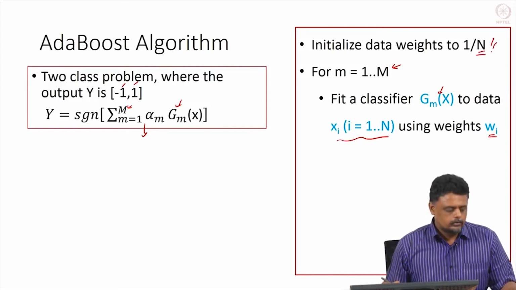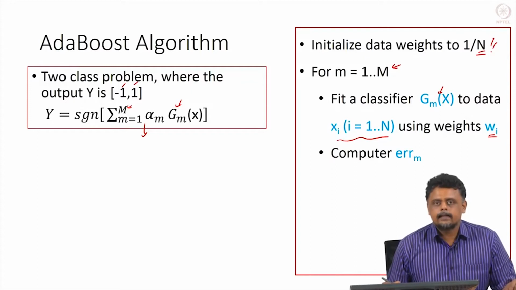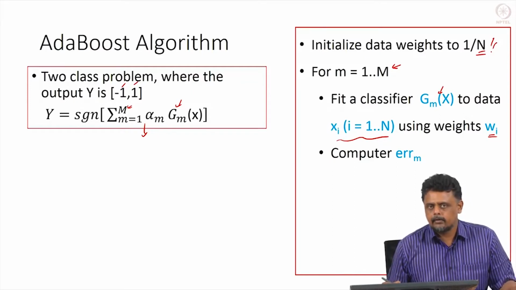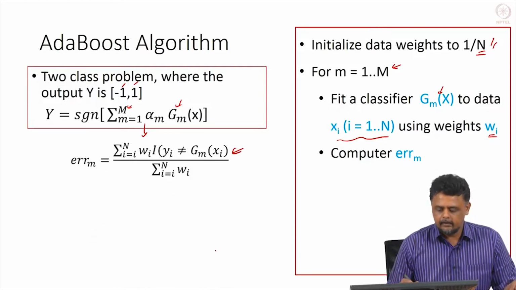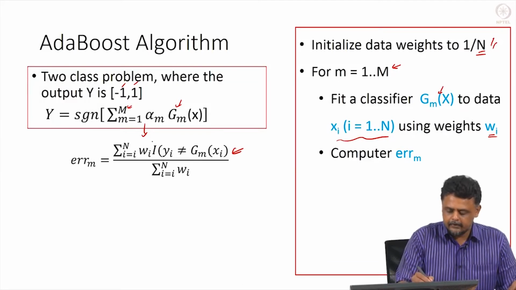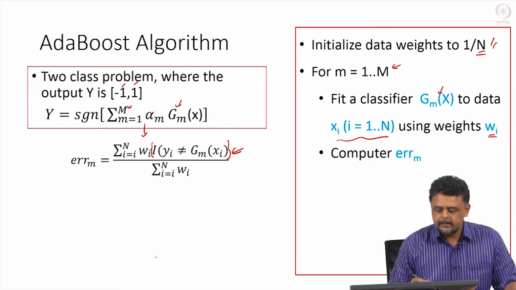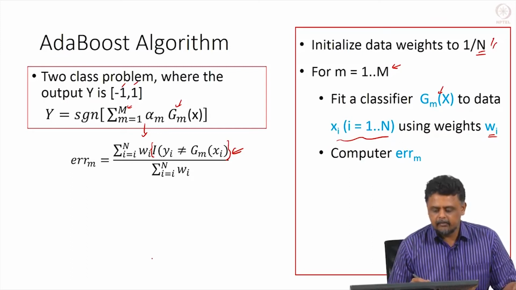Okay. Then we compute this error term after the classification, which is given by this expression. This is nothing but the weighted error term. If you look at this particular expression here, this is nothing but the number of samples that have been misclassified.